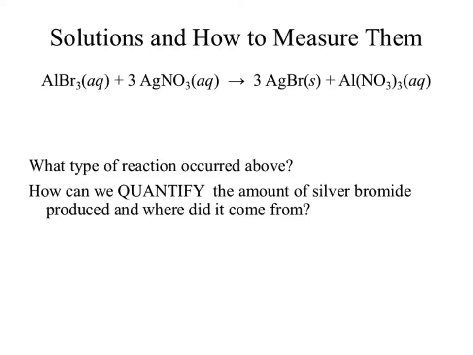Can we start with a gram value for our aluminum bromide, or sorry, where our aluminum bromide came from? What's the issue with looking at the mass for aluminum bromide? If I weigh that out, when I weigh out that compound, what am I weighing?